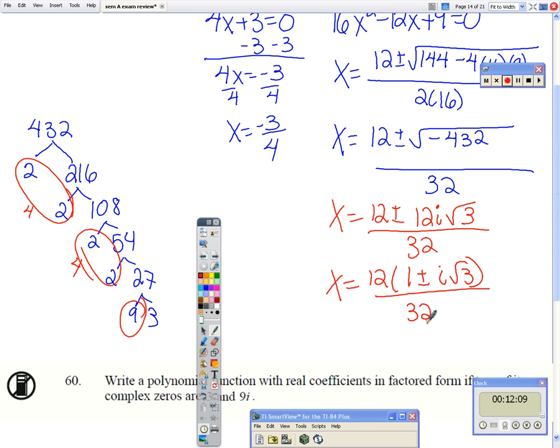And 12 divided by 32, that reduces. I can cancel both of them by 4. So that becomes a 3, this becomes an 8. So my final answer is 3. I'm going to multiply that back in. 3 plus or minus 3i root 3 all over 8.